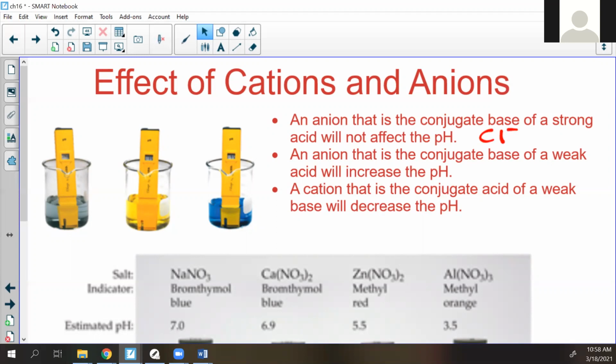Cl minus in solution does not grab the H plus to make the acid. It stays completely dissociated. So if Cl minus does not mess with the concentration of H plus, then it will not affect the pH, because affecting pH means you're changing the H plus.